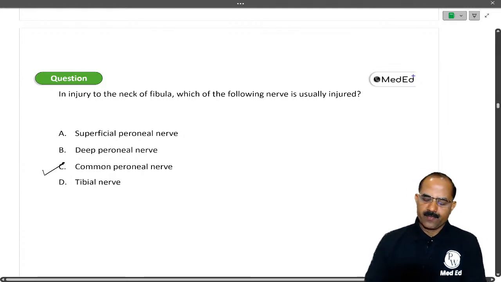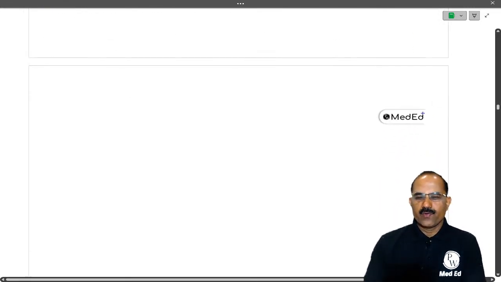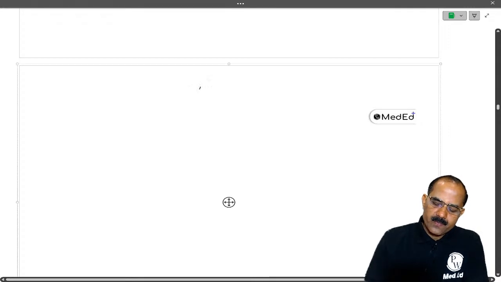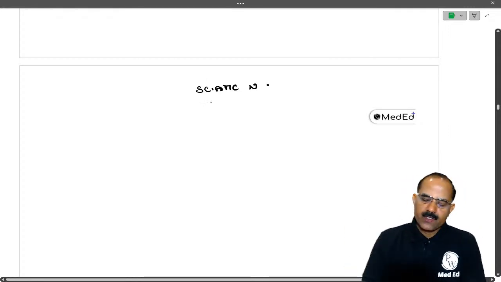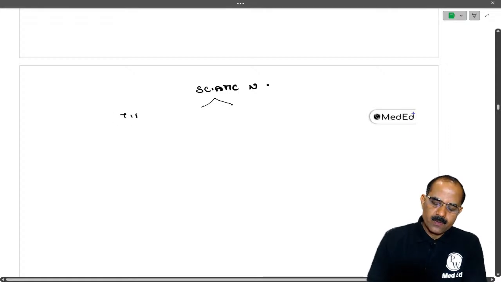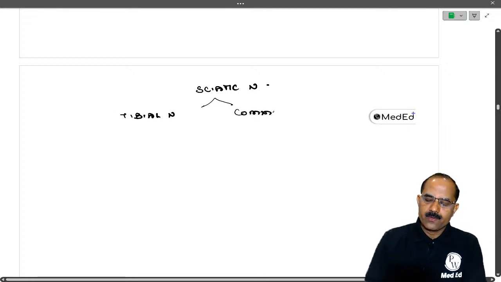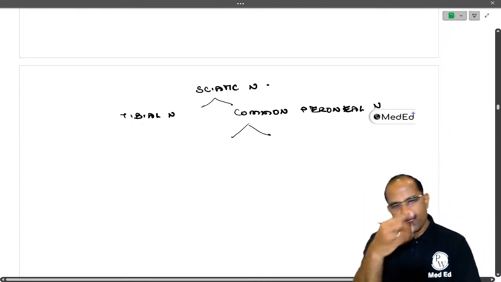Common peroneal nerve. Excellent. I'll give you a flow chart, children, see. Sciatic nerve divides into a tibial nerve and a common peroneal nerve. Common peroneal nerve winds around the neck of the fibula.